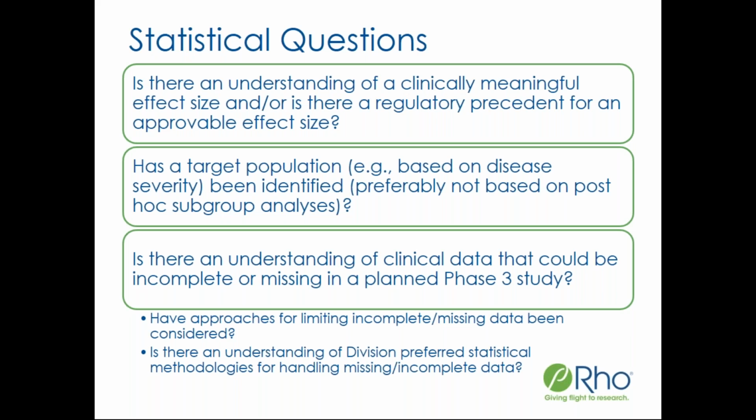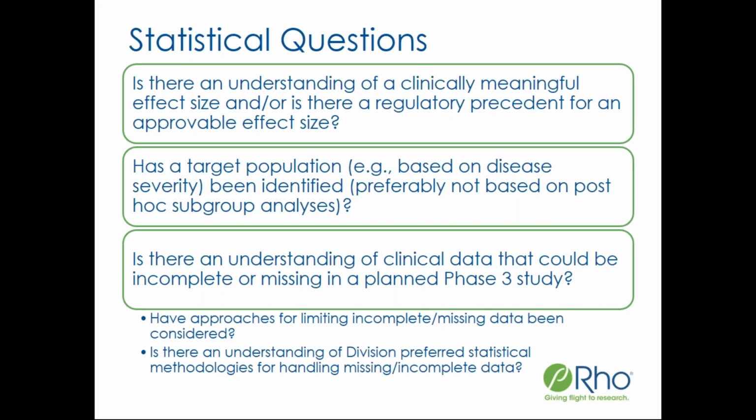So what we've highlighted here on this slide are some of the key considerations from a statistical standpoint going into your end of phase 2 meeting. First and foremost on that is, do you have an understanding of the effect size, and is it clinically meaningful? Second of all, have you identified the patient population appropriately?